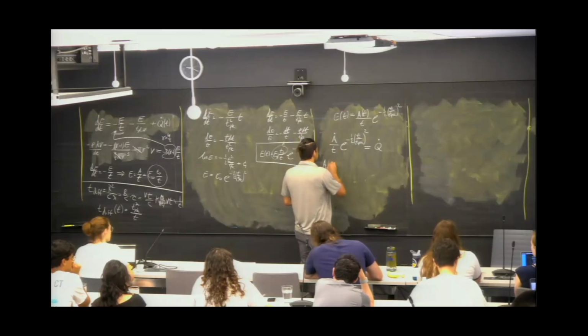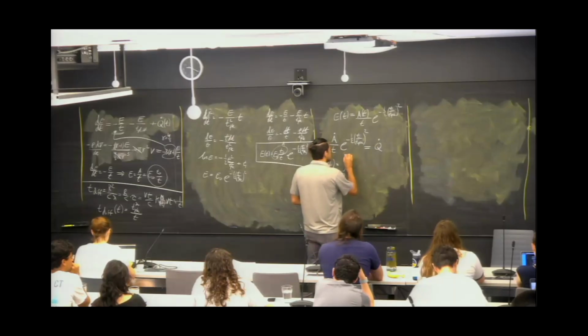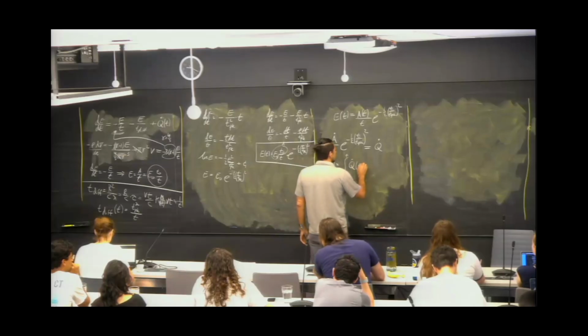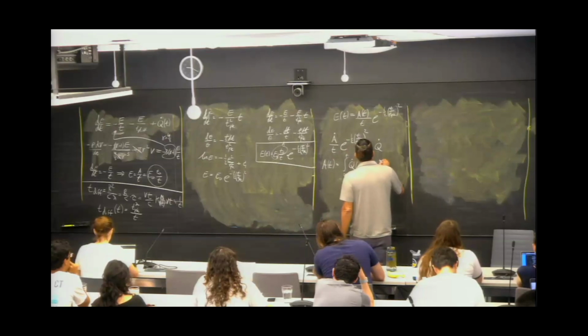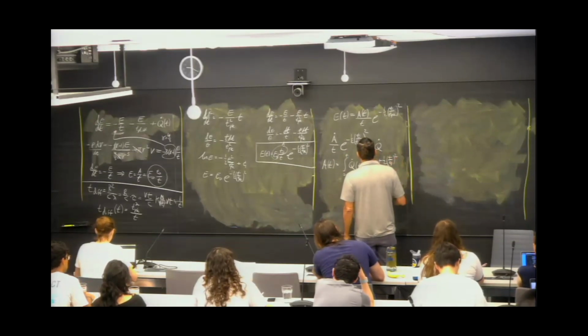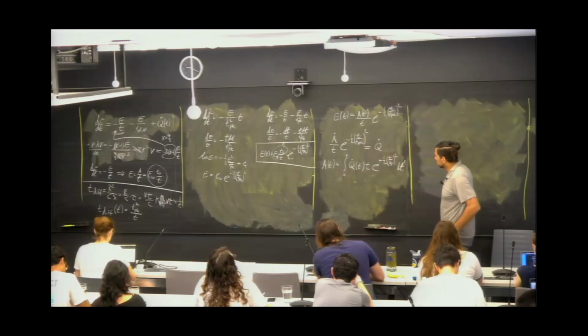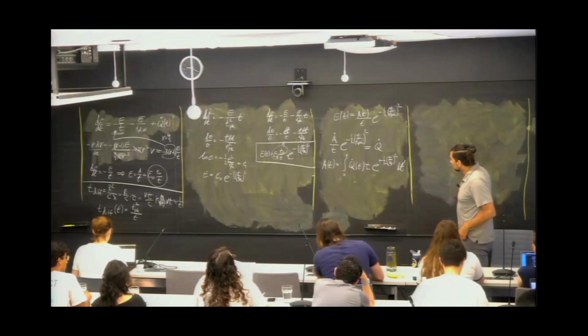So A of t is just equal to the integral that we can do from 0 to t of q dot, let's say of t prime, times t times e to the plus half t over t peak, dt prime. Is it clear? Okay, so what do we learn from this equation?